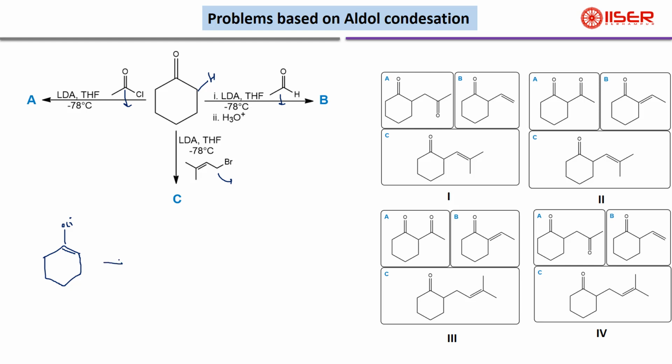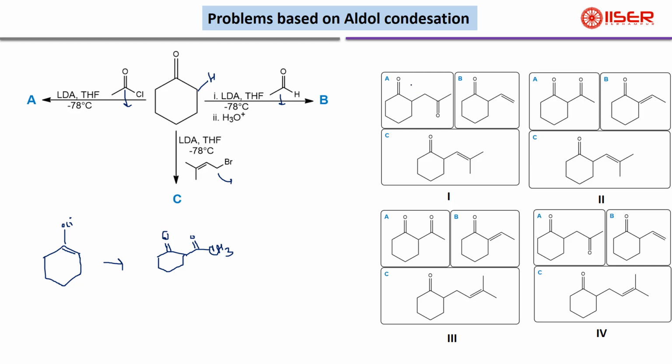So the product will simply attack and remove the chlorine atom. So the product will be this diketone type of compound. So the correct option will be this one.